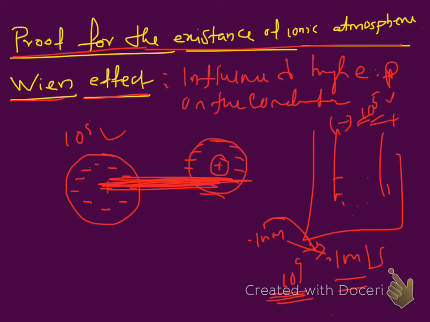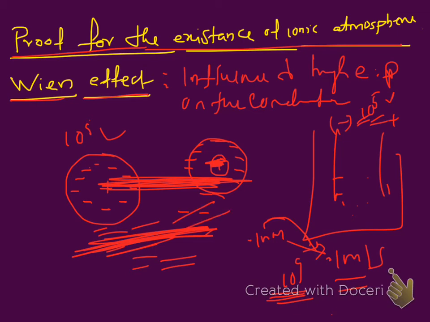But under high potential, this cation cannot exist in a stationary mode. It will move with high speed. So the negative ion can never form a symmetrical ionic atmosphere around the cation, or the cation cannot form an ionic atmosphere around the anion.